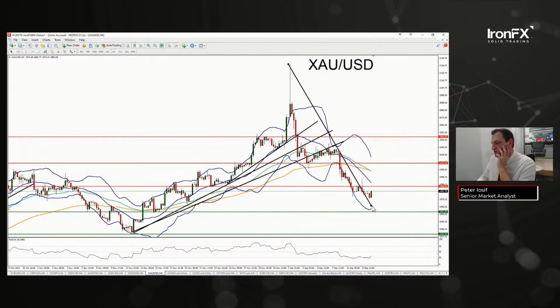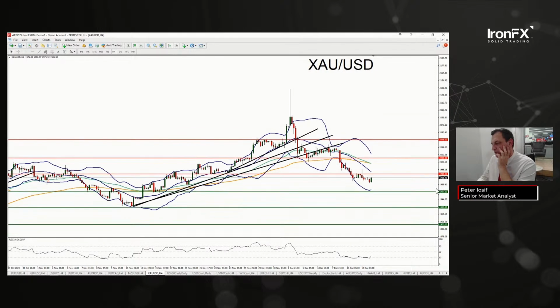It's going to be interesting whether the downward motion is going to be interrupted or not. Should the precious metal's price stabilize, then we may see it being confined between the 1988 and the 1957 levels.